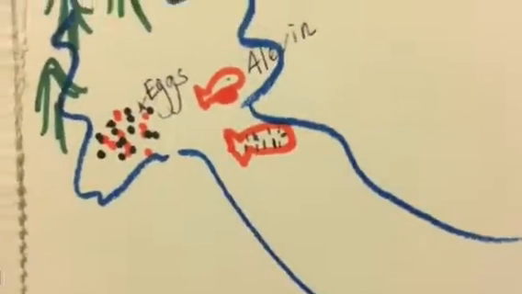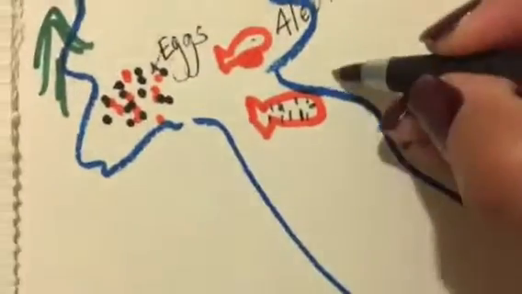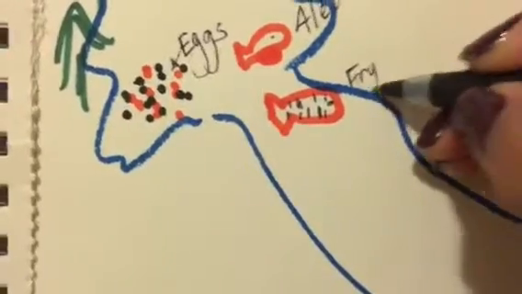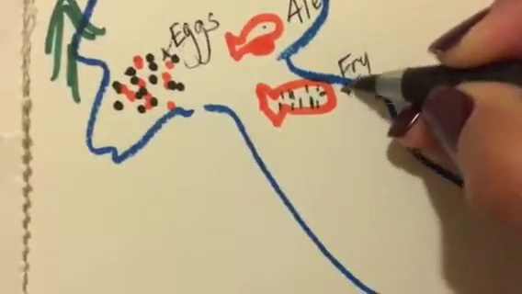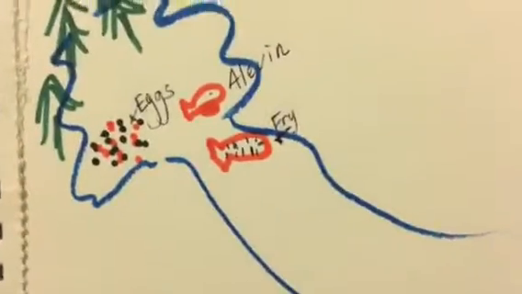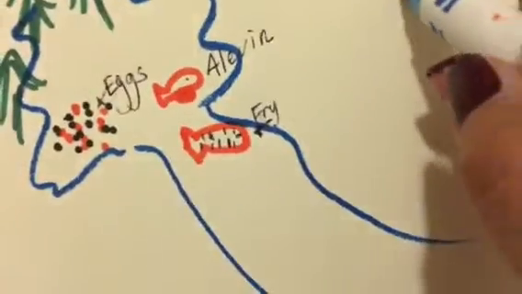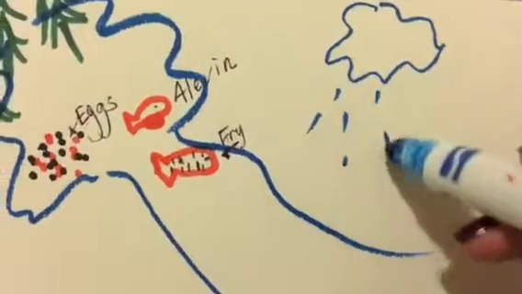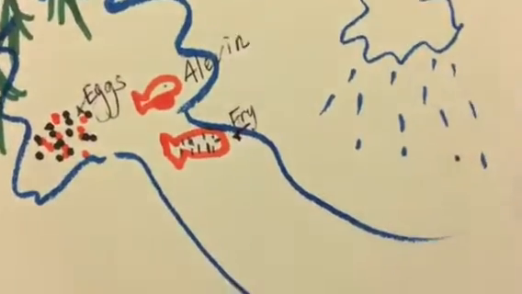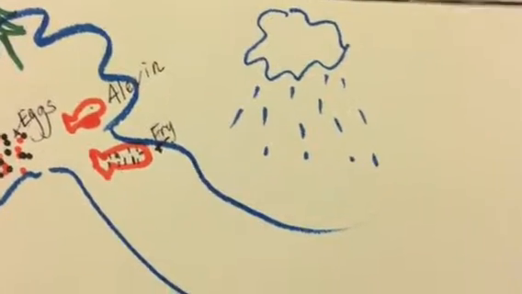And we can talk about that after we finish the story. And I'm going to label these little guys fry. They talk about the rains. So I'm going to make a rain cloud, and I'm going to make some rain. It says that they instinctively know the rains will tell them when to go.